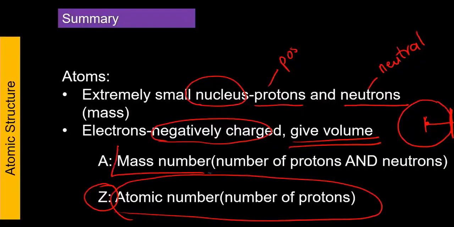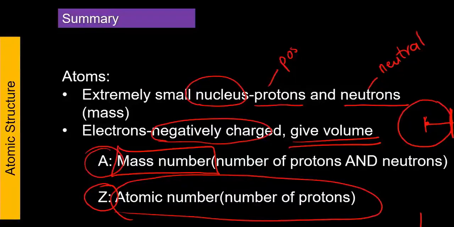Now, not only does the number of protons add to the mass of the atom, but also the neutrons, as we have discussed. And so we have what is called a mass number. So the mass number is denoted by a capital A, and it is the number of protons and neutrons together.